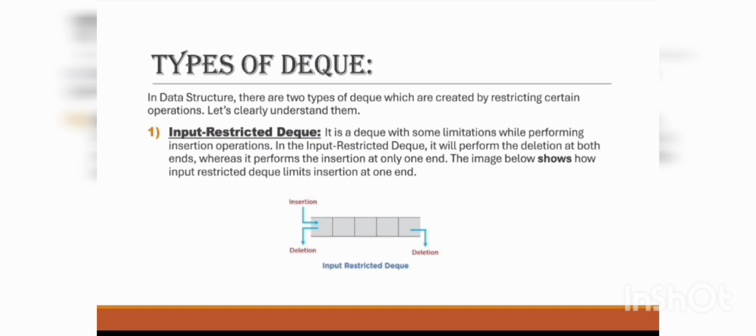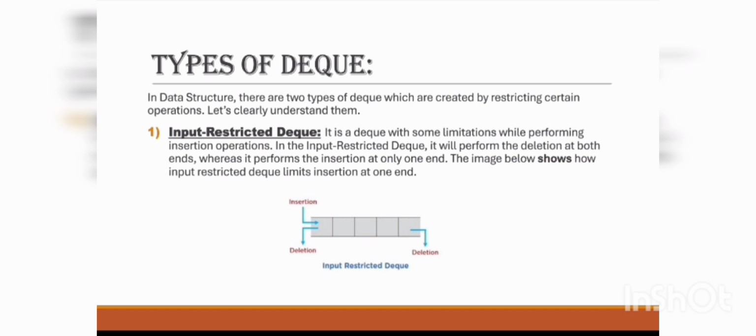Let us know about the types of dequeues. In data structures, there are two types of dequeues, which are created by restricting certain operations. Let's clearly understand them. The first one is input restricted dequeue. It is a dequeue with some limitations while performing insertion operations.